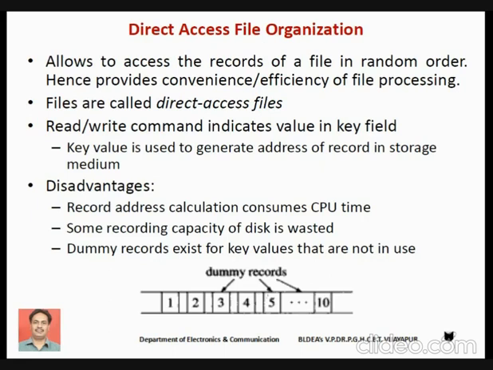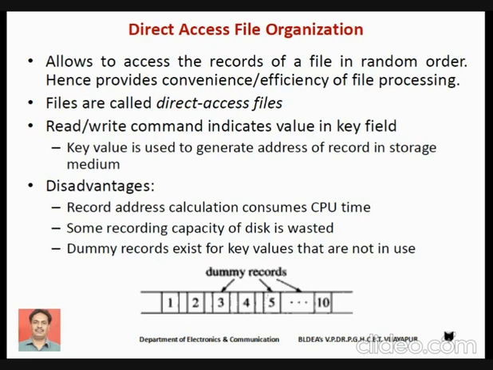So in direct access file organization, you can move directly to any record randomly. Hence, it provides better convenience and also efficiency during file processing. Such files are also called direct access files.